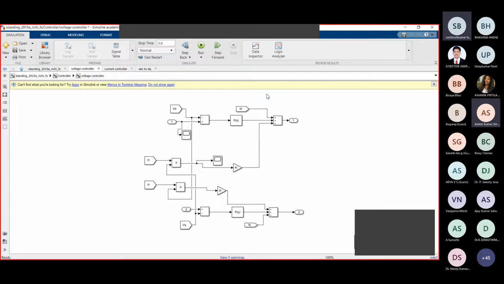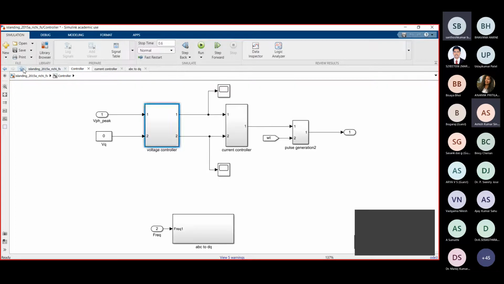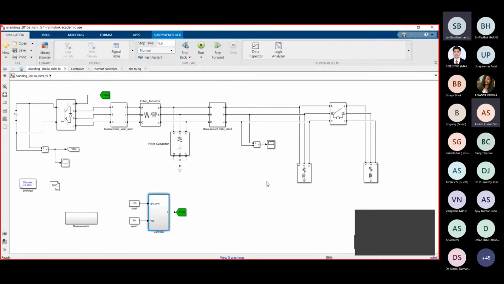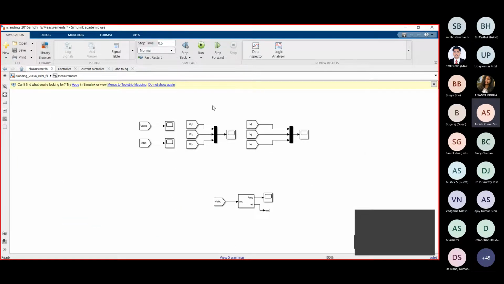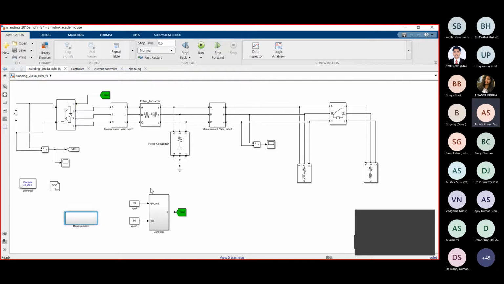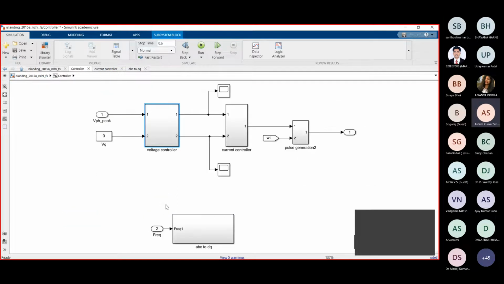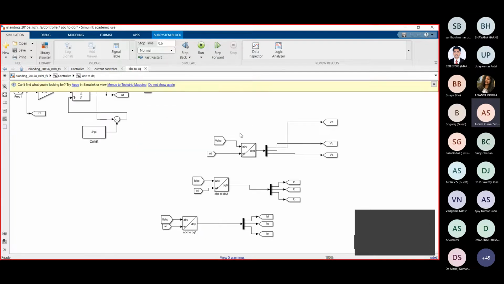Here you can see properly, I will show you how we get ABC to DQ. From the VI measurement we can get VABC and IABC.